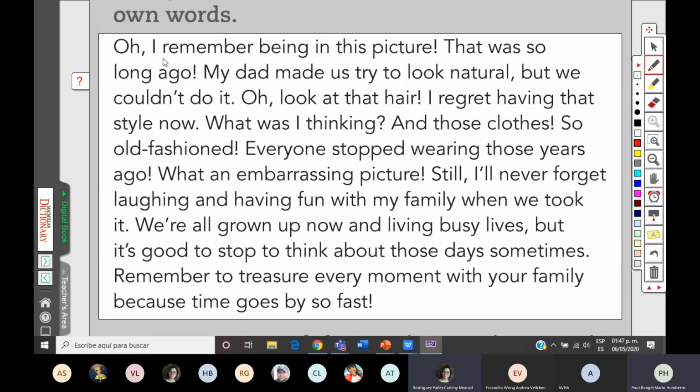We're going to work with these verbs. Tenemos remember, está aquí. Tenemos try, acá también. Regret. Stop. Forget.